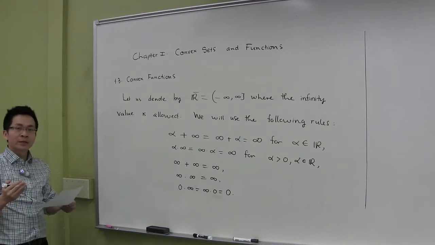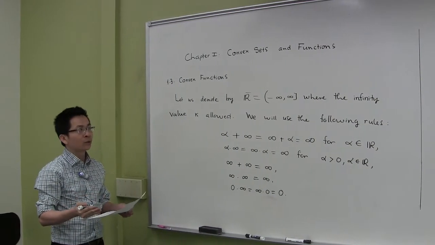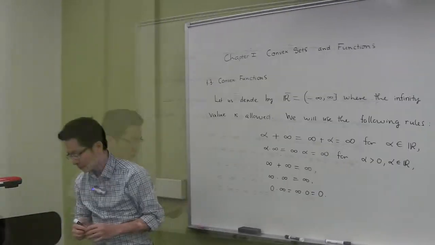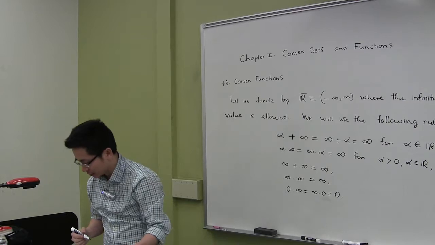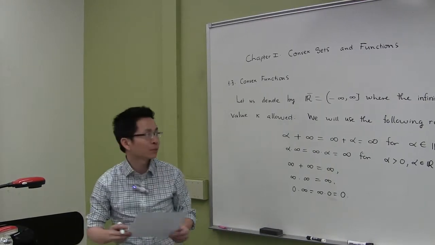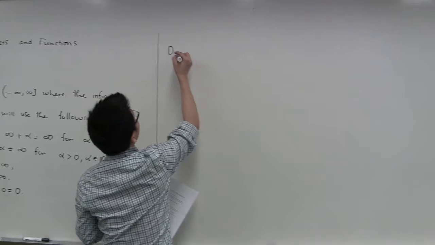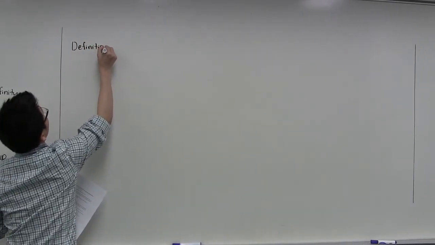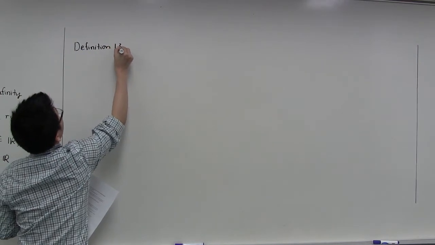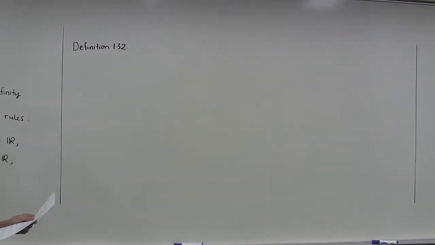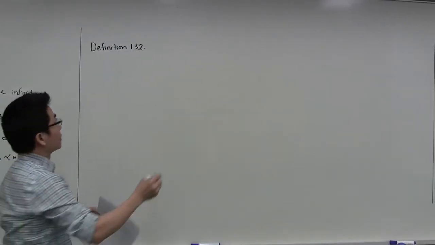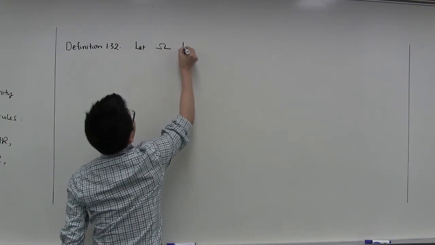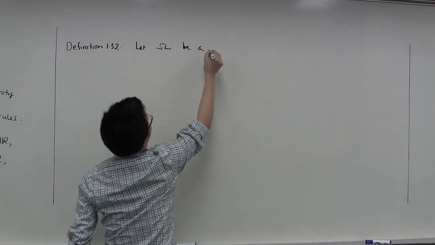So now we're going to talk about convex functions with extended real values. This is definition 1.32 from the textbook. Now, let omega be a convex subset of Rn.